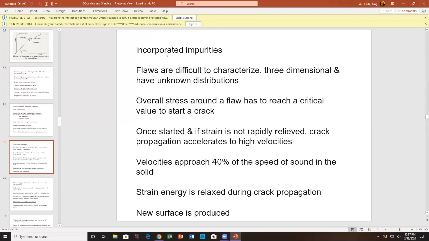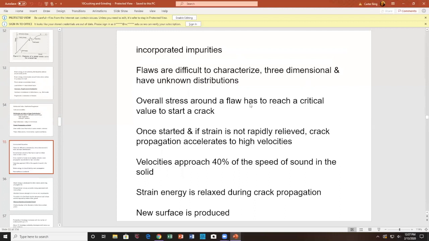They're not. Crystals are pure only if you grow them very slowly. If you grow crystals very rapidly, they have a significant portion of impurities that are trapped inside the crystal. So you have grain boundaries, inclusions. Flaws are difficult to characterize. They're three-dimensional and they have unknown distributions.